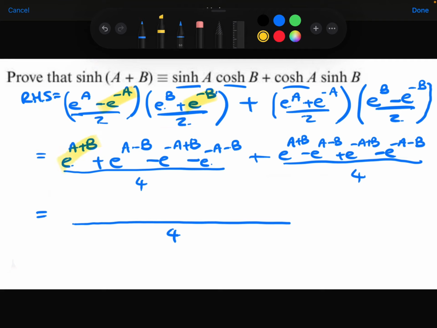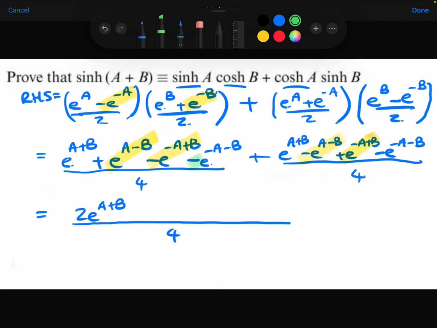So I've got e to the A plus B plus e to the A plus B is going to be 2 e to the A plus B. E to the A minus B minus e to the A minus B, they're going to cancel out. Minus e to the minus A plus B plus e to the minus A plus B. Again, they're going to cancel out.